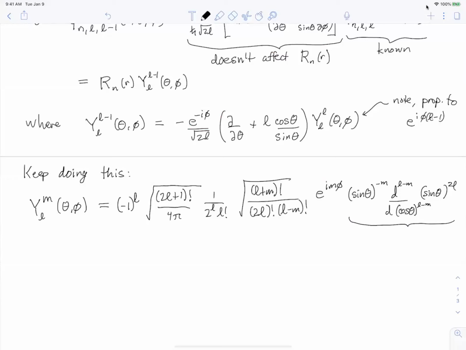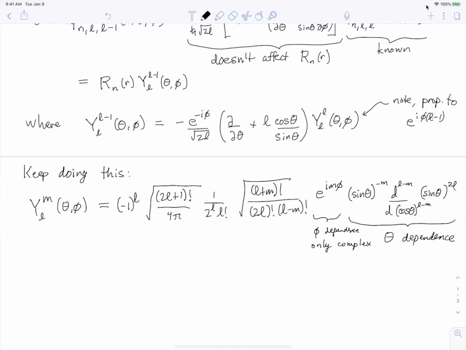This part, the really ugly part, is the theta dependence. Okay, the phi dependence here is relatively simple. It's just e to the i m phi. And it's the only complex part of this.